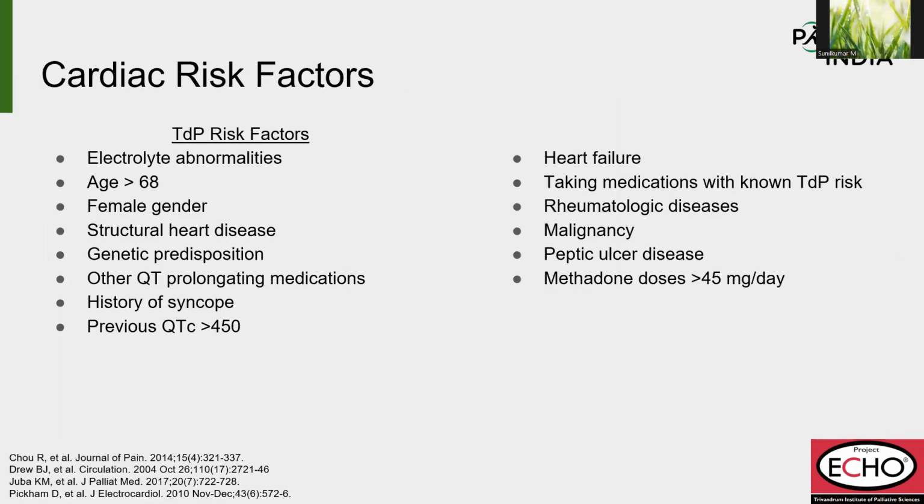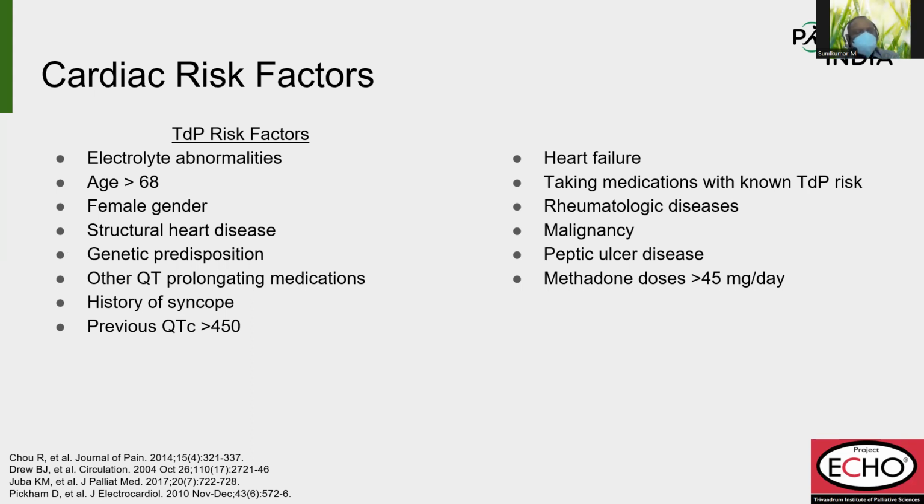So there are some cardiac risk factors which can predispose the individual to torsades de pointes. These are electrolyte abnormalities: calcium, potassium, and magnesium, hypocalcemia, hypomagnesemia, and hypokalemia. This can cause increased QT interval. And older age, female gender, if the patient has any structural heart disease.